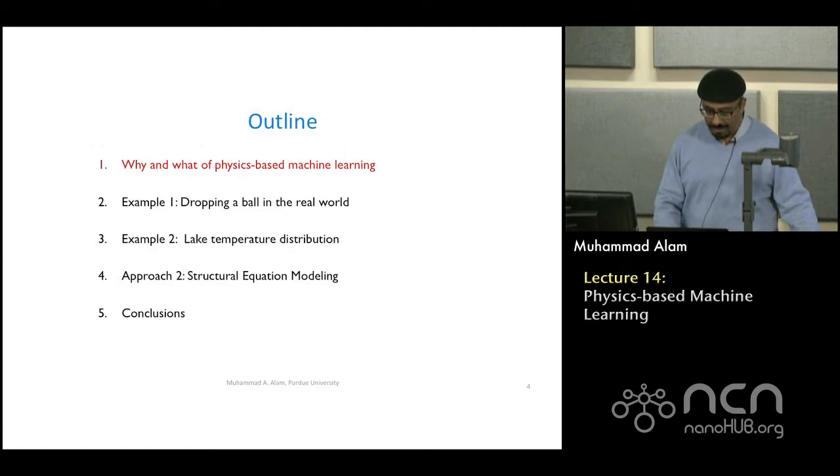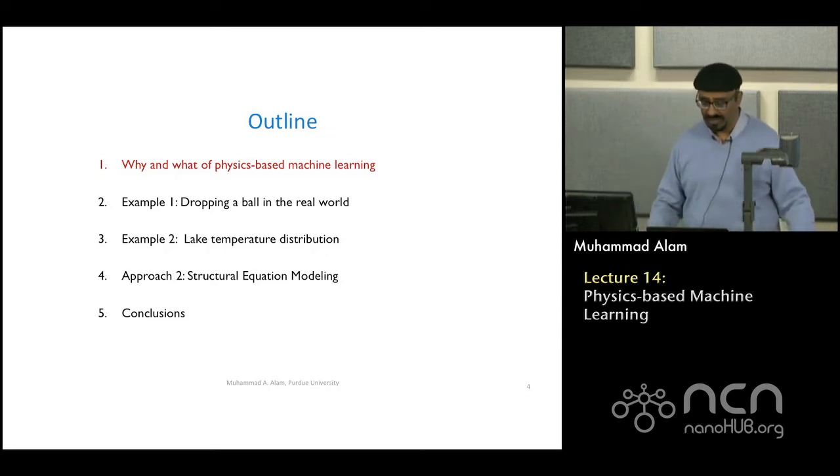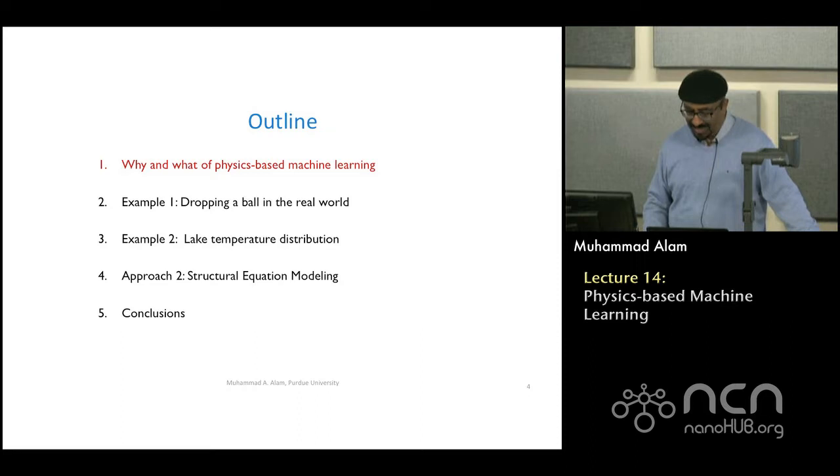So we will start with the general understanding of why I said so. What's special about physics-based machine learning? And then I'm going to explain 2 examples. One example is dropping a ball, just an apple or something, in the real world.